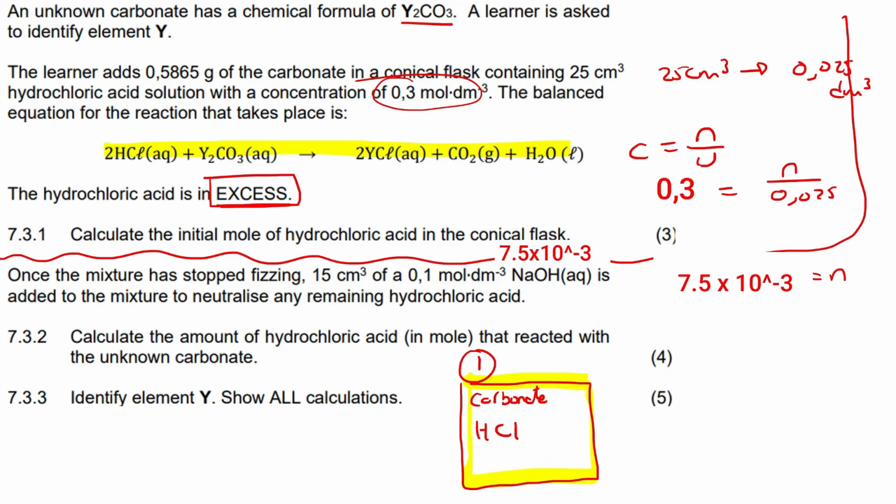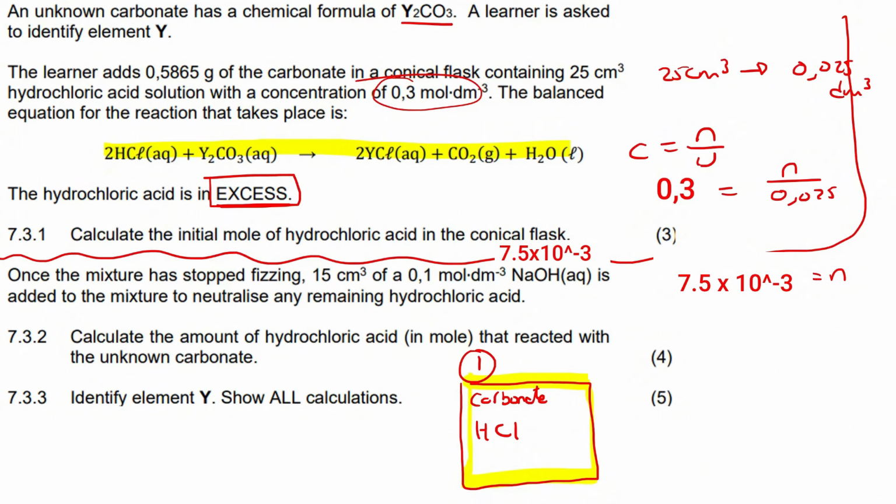But that doesn't mean that is how many moles we used in the reaction over here, because they told us that there is excess. So we don't know how much HCl we used in this reaction. You cannot say it's this much because, like we've said, the HCl is in excess. All that this number represents is how much HCl we started with in the beginning of the question.